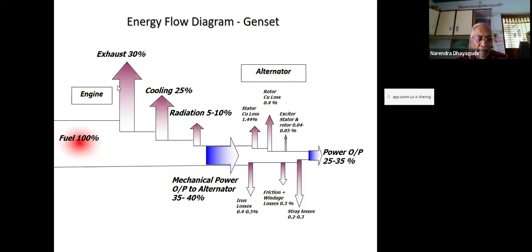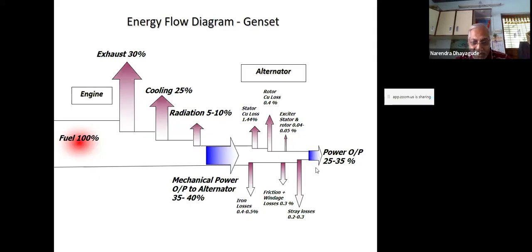Now look here, the fuel input, say it is 100%. Out of this, 30% heat energy goes to the exhaust, and 25% is lost in cooling. 5 to 10% is lost in radiation, and whatever remains goes for electrical energy, to the alternator.